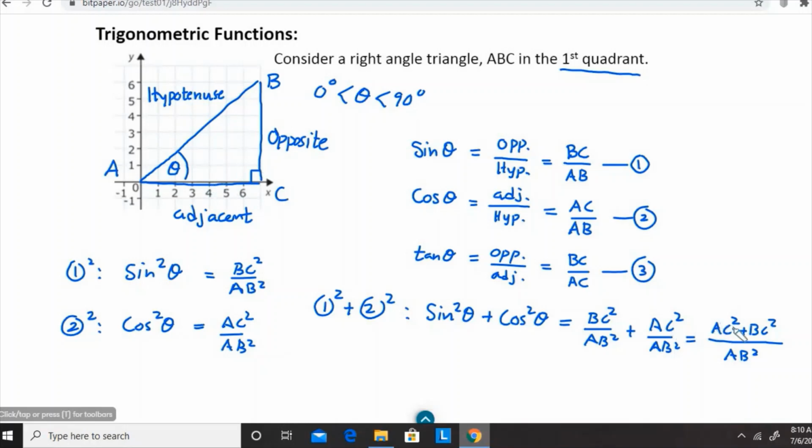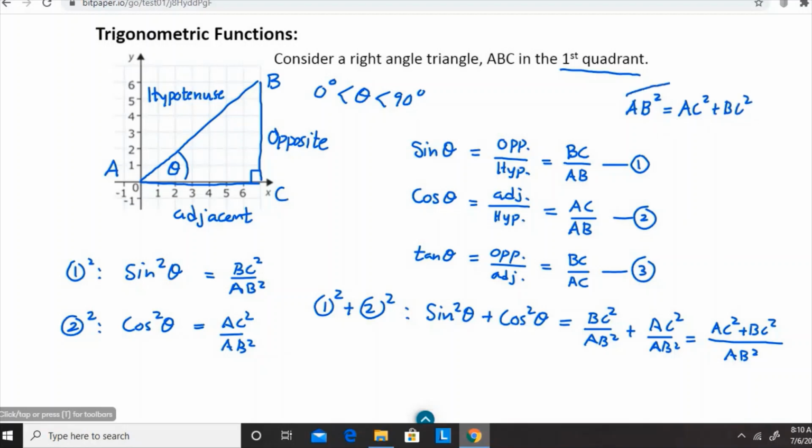The square of the hypotenuse is equal to the sum of the squares of the other two sides, that is AC squared plus BC squared.